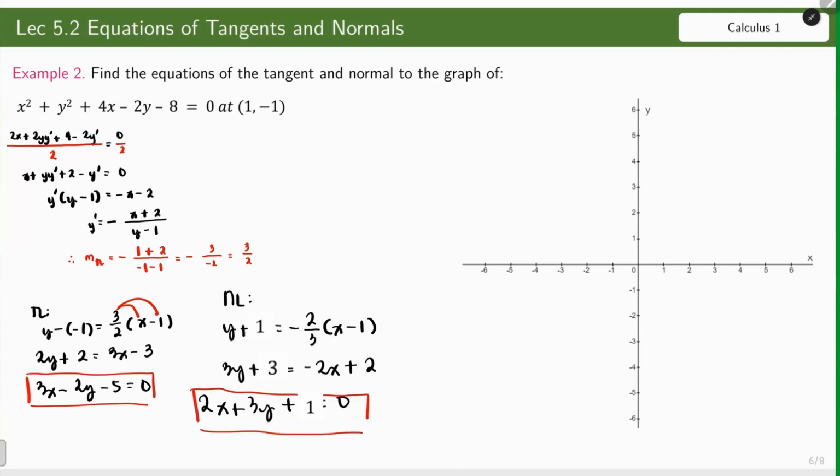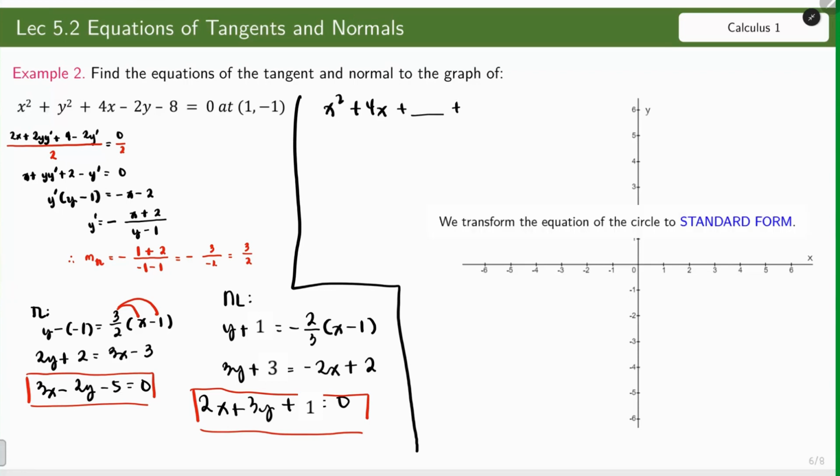The next thing that we're going to do is to graph the circle. So this one is a circle, obviously, because we have an equal coefficient for x squared and y squared, and they are also both positive. Okay, in graphing the circle, we have here x squared plus 4x plus blank, and then plus y squared minus 2y plus blank is equal to positive 8 plus blank plus blank.